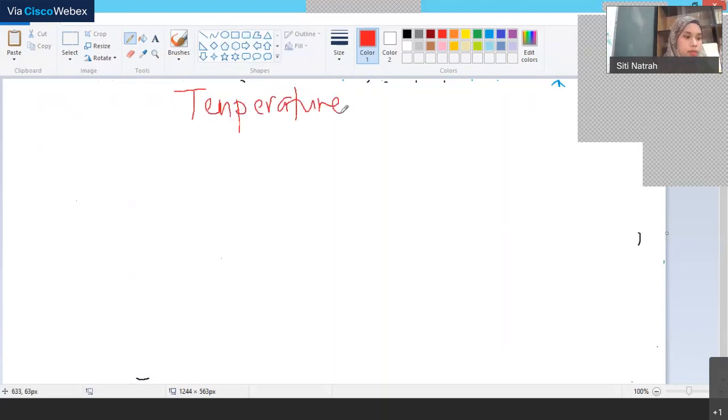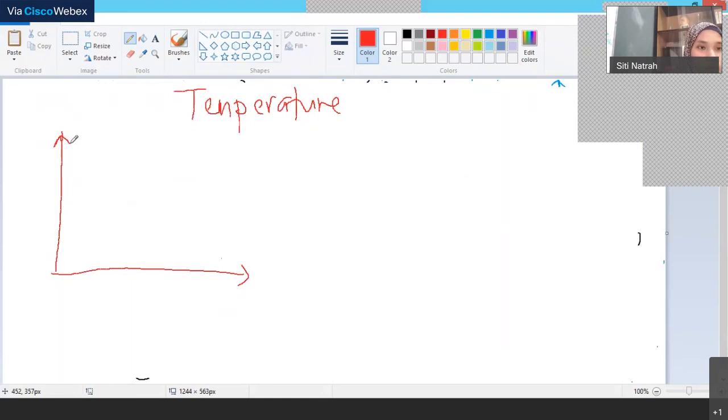So kalau temperature, macam biasa, tengok graf kamu. Kalau kamu tahu kalau increase temperature adakah dia berada di atas ataupun dia berada di bawah. Contoh ni lah. Ini kamu punya temperature graf.